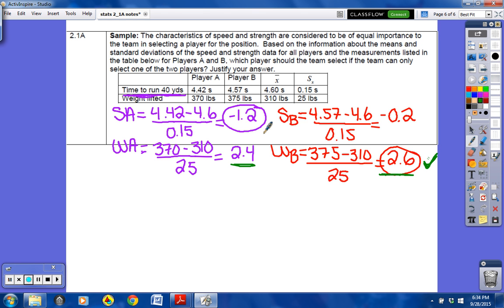But here, this person is better by 1 whole standard deviation when it comes to speed. There's not a huge difference in their weight strength, but when it comes to speed, person A is a lot faster than person B. And since there is such a big difference here, person A would be the person to pick.